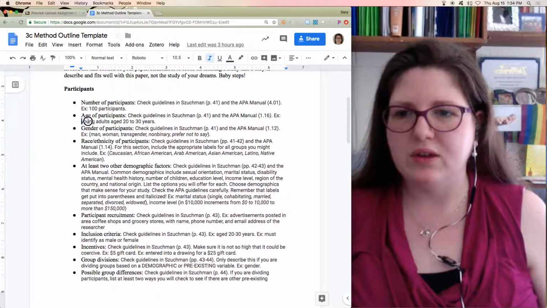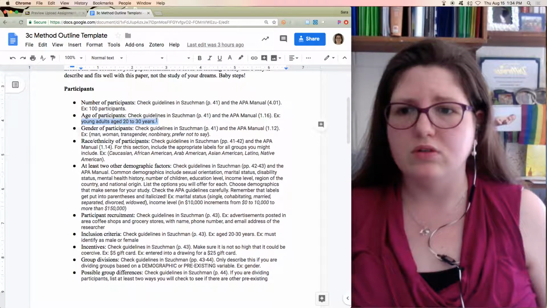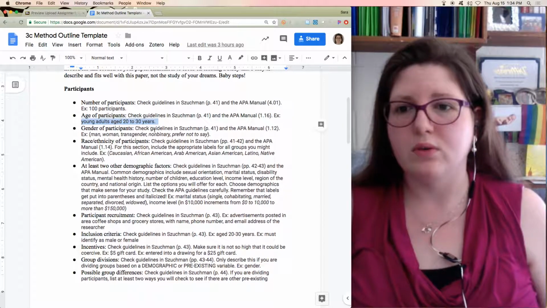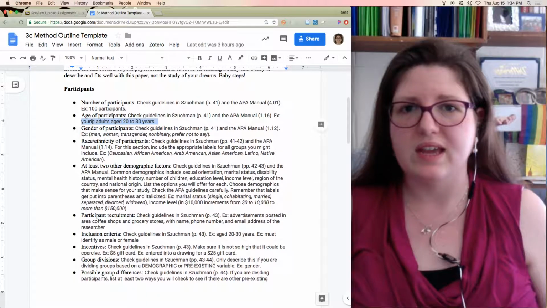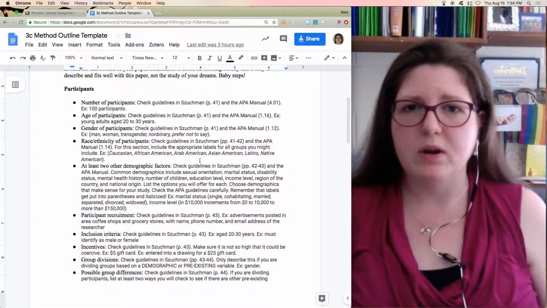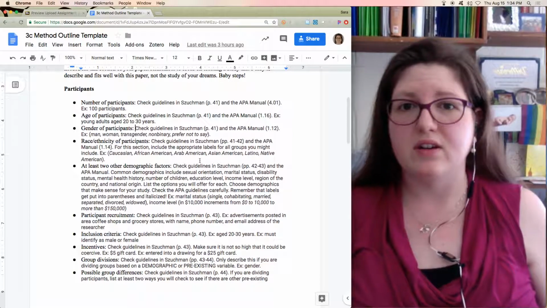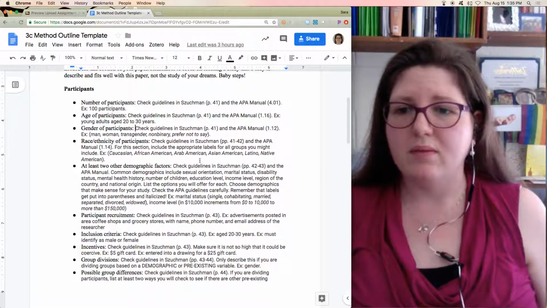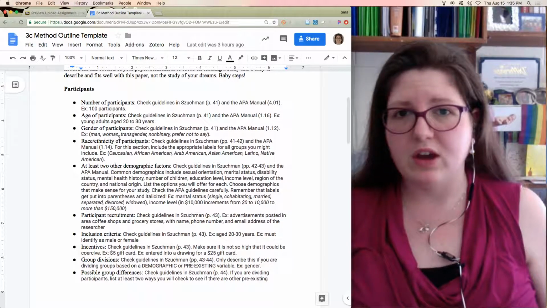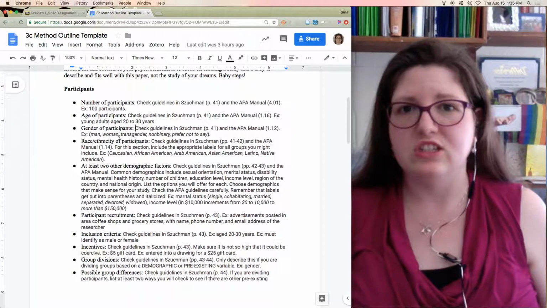So if you say, young adults 20 to 30 years old, I may fuss at you because the manual suggests certain ways for wording things. And I've gotten as close as I can to the way that the manual wants you to word it. For gender, if you are comparing men and women, then you are requiring people to identify as either a man or a woman. So if gender is not relevant, though, I would like to see you include at least one gender category that is not just man or woman.